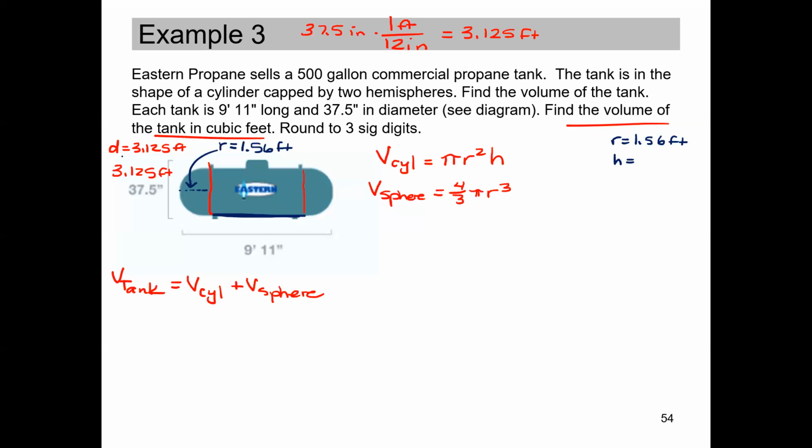Now I have these in decimals, so let's convert this to a decimal. 9 foot 11 inches is 9 and 11 twelfths. 11 divided by 12 is 0.916 repeating. So I'll write this as 9.92 feet.